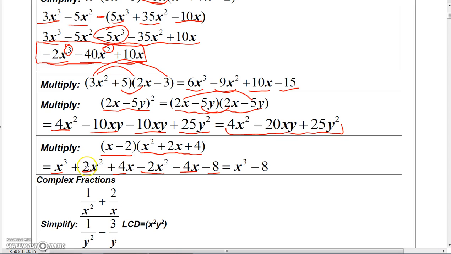Well, interestingly enough here, I have a 2x squared and a minus 2x squared. Well, those add up to 0. And I also have a 4x and a minus 4x, and those add up to 0. So I'm only left with the x cubed and the minus 8. So that's actually going to equal x cubed minus 8.